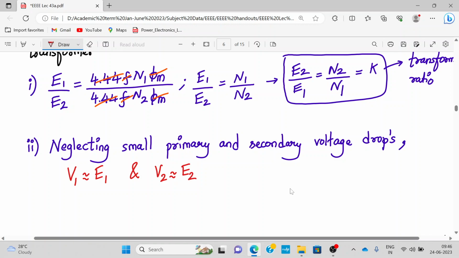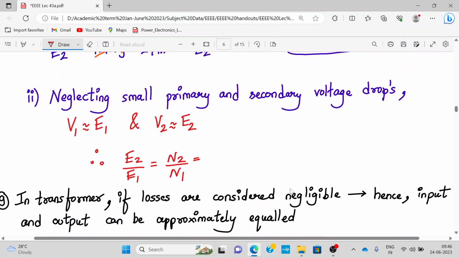Therefore, the new ratio is E2 upon E1 equal to N2 upon N1, equal to V2 upon V1, and that is equal to K. This equation comes in very handy.